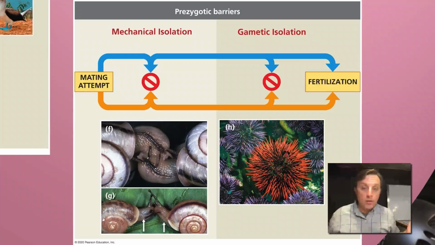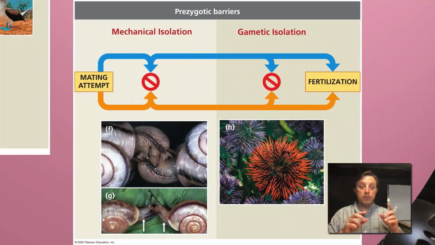So, mechanical isolation: the reproductive structures have to line up. If they're not compatible, the sperm and the egg are not going to fuse. And then gametic isolation. This is especially important for species that fertilize externally, in aquatic species, where the sperm and the egg are released out into the water.